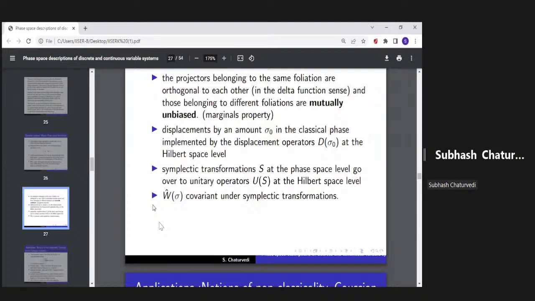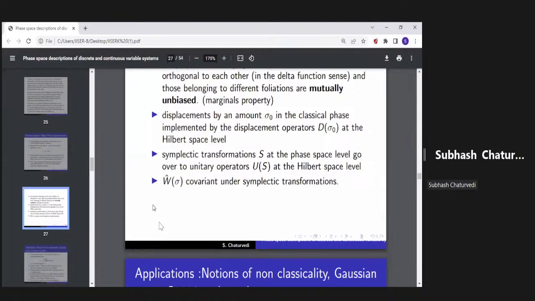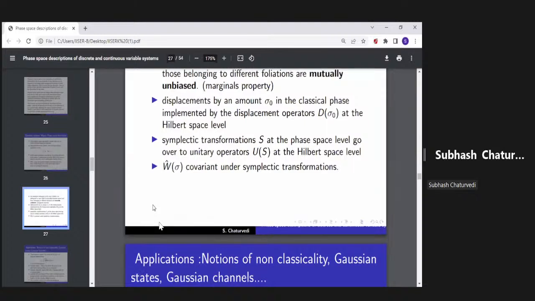Displacement by amount sigma 0 in the classical phase space is implemented by displacement operators D sigma 0 at the Hilbert space level. Symplectic transformations S at the phase space level go over to unitary operators U S at the Hilbert space level.